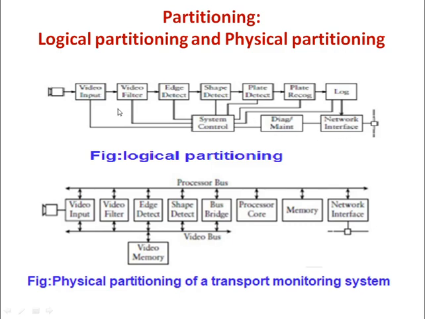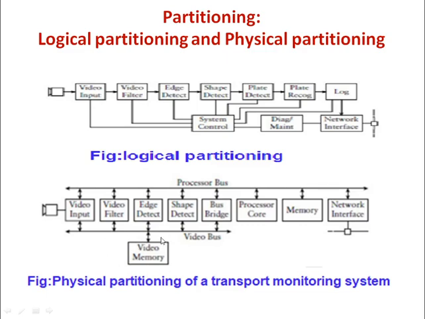This logical structure can be mapped onto a physical structure shown in the figure here. In this case, the physical components comprise an embedded system with accelerator for video processing up to the shape detection stage. This is another video input here. We have video filters, edge detect, shape detect, bus, bridge, processor core, memory, network interface, video memory.